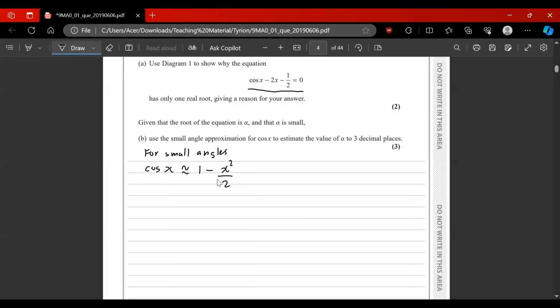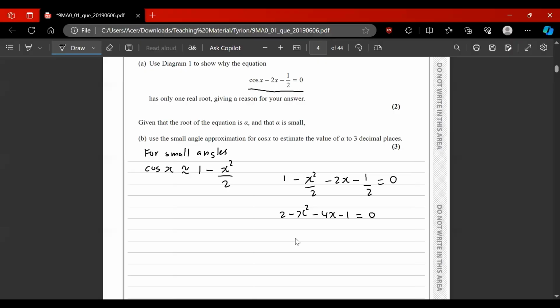So instead of cos x, we can write 1 minus x squared over 2, to get 1 minus x squared over 2 minus 2x minus half equals 0. If we now multiply the equation throughout by 2, we end up with 2 minus x squared minus 4x minus 1 equals 0.